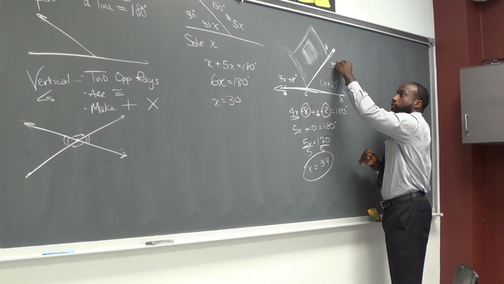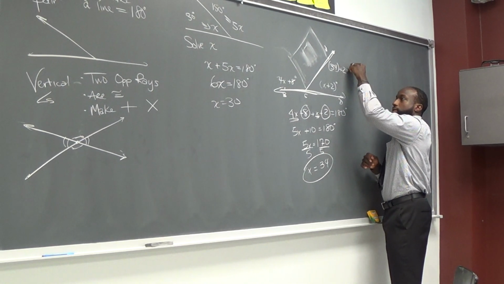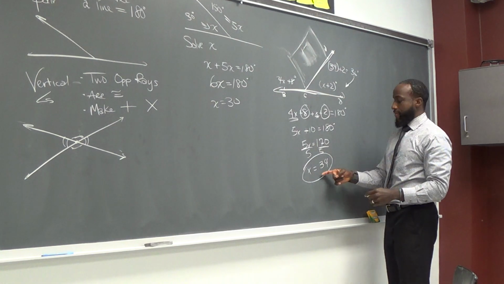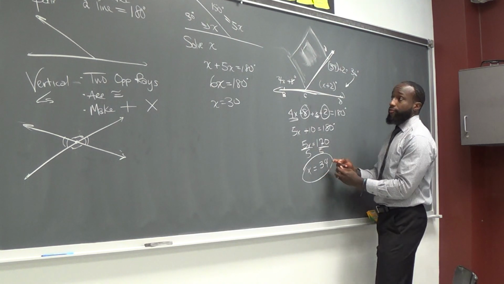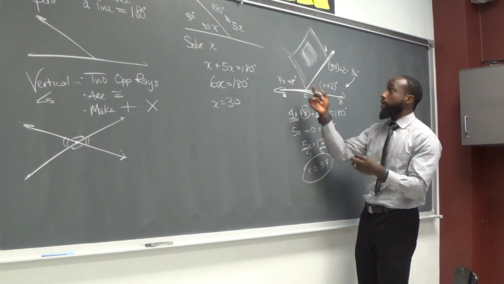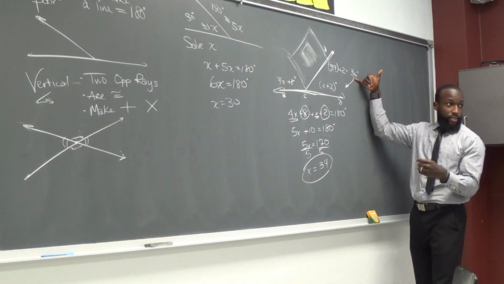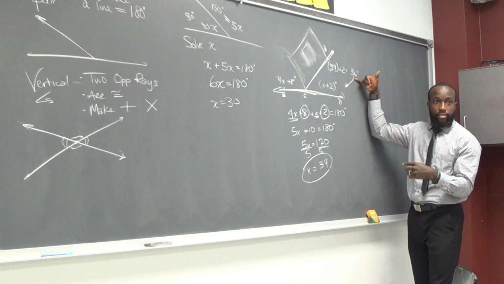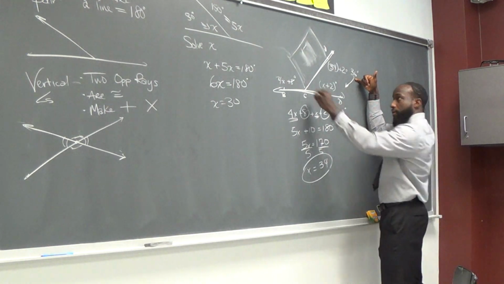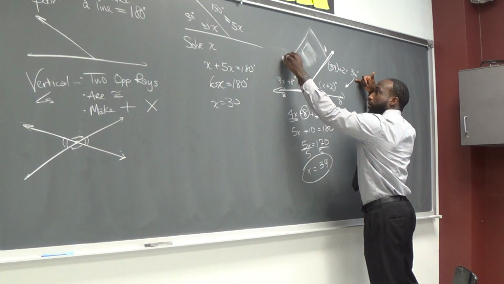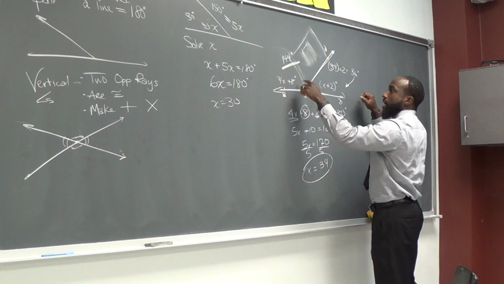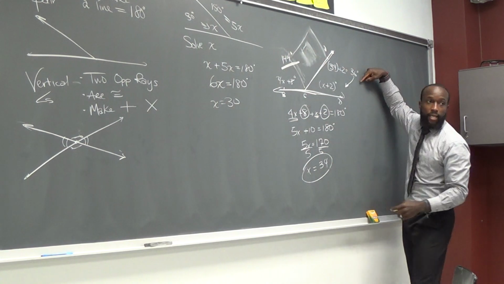So we have 34 plus 2, 36 degrees. That's this one. And then we could put the 34 into this and multiply and add 8, or we could just subtract 36 from 180. 180 minus 36 is what? 144. Alright? 144. So that's the measure of this angle, and that's the measure of this angle.